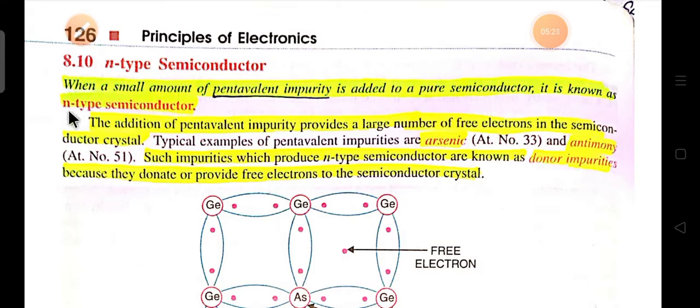The addition of pentavalent impurity provides a large number of free electrons in the semiconductor crystal. Examples of pentavalent impurities are arsenic, whose atomic number is 33, and antimony, whose atomic number is 51.